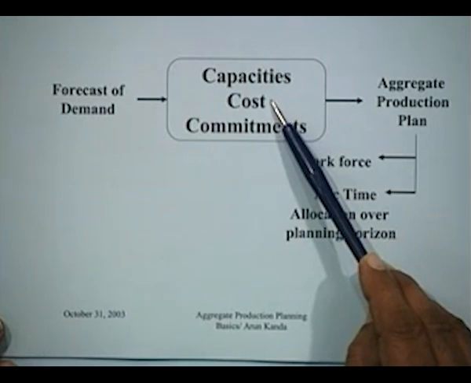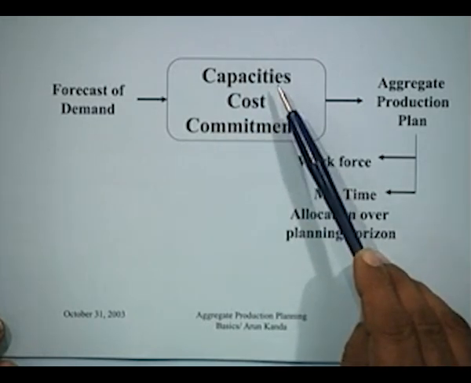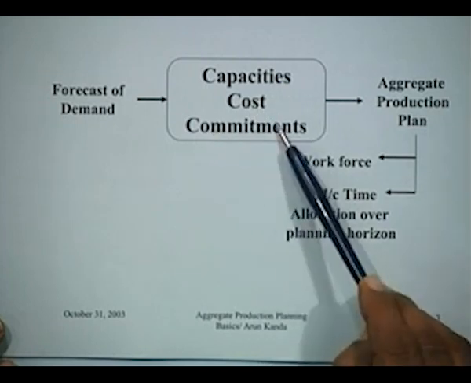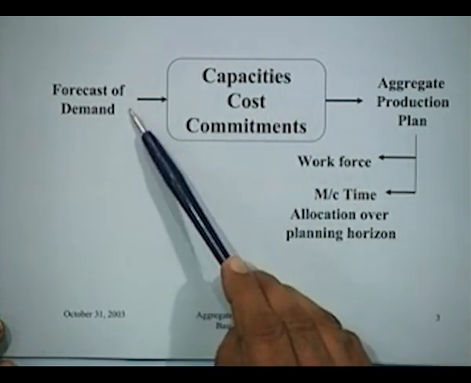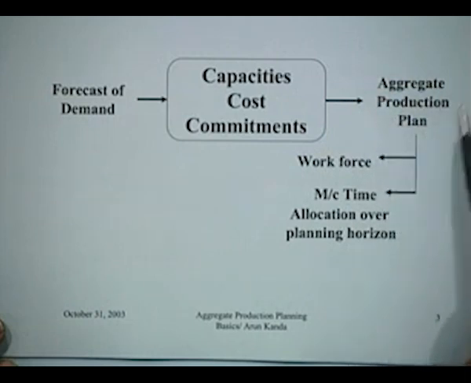So, the capacity availability in different periods is known. So, you know the various types of costs that are incurred, and you are therefore trying to find out how these capacities should be committed to the aggregate demand over a certain period of time, and this is what we call an aggregate production plan.